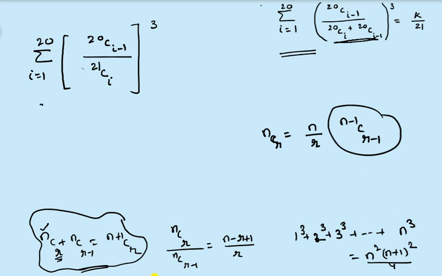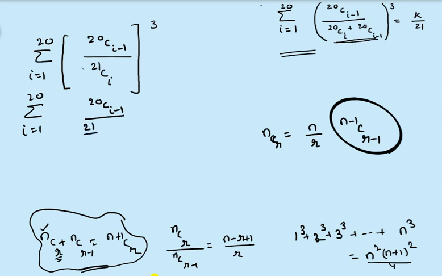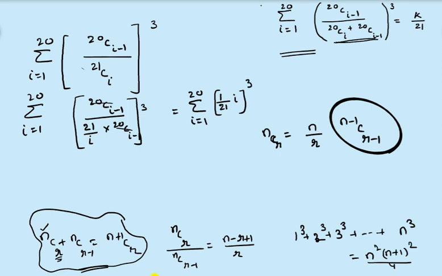That's why we can write this as summation i equals 1 to 20 of 20Ci minus 1 divided by 21 by i into 20Ci minus 1. Now 20Ci minus 1 and 20Ci minus 1 get cancelled, right? So what is left? That is equal to sigma i equals 1 to 20, 1 by 21 into i, that means i by 21, whole cube.